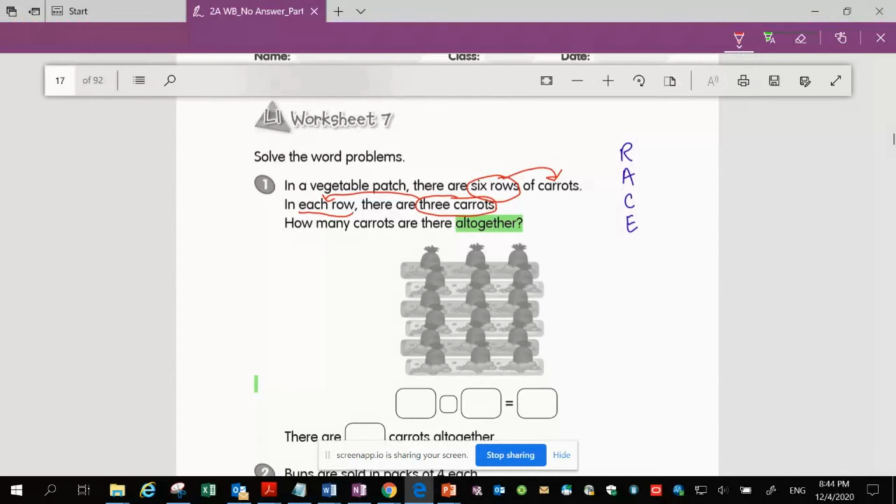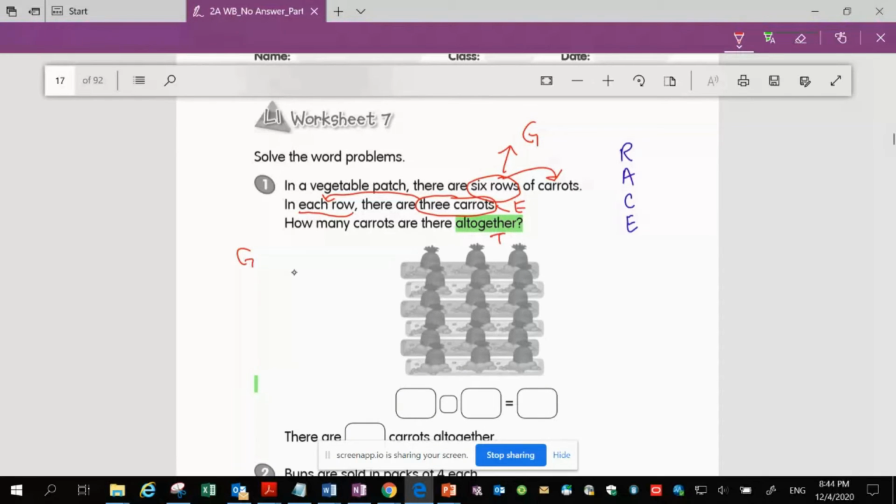Is it group, each, or together? You'll be able to identify the word row stands for group. The word each appears here, so likely this is each. And then the question mark with altogether is here.